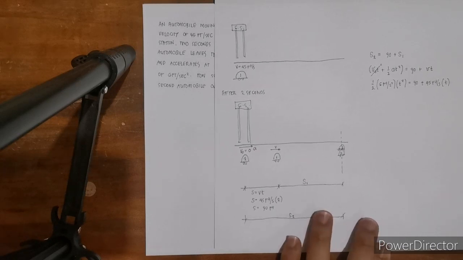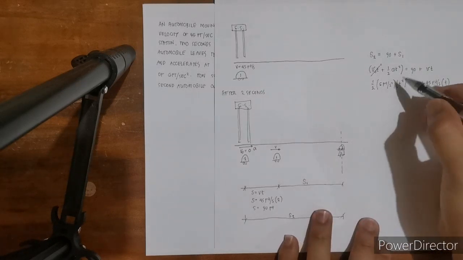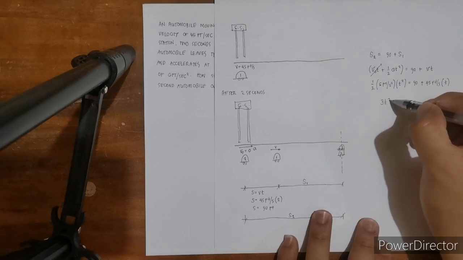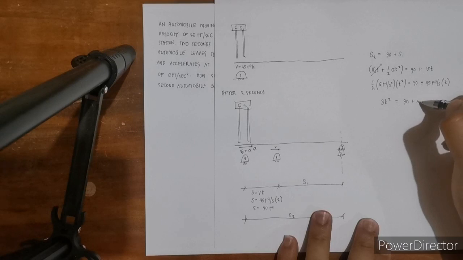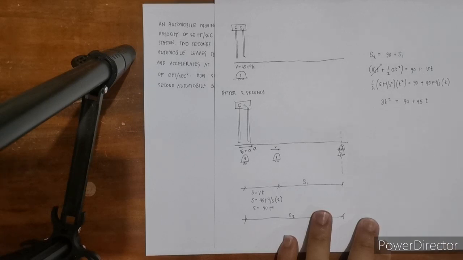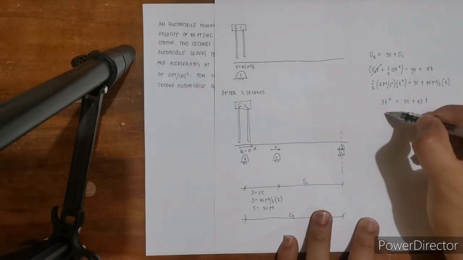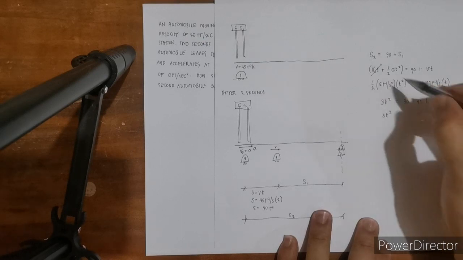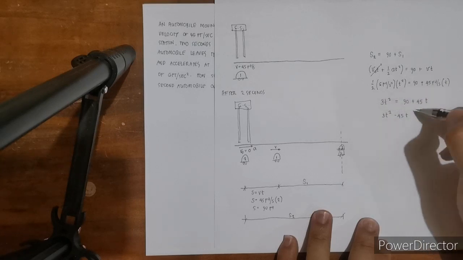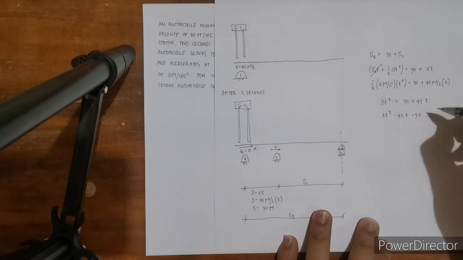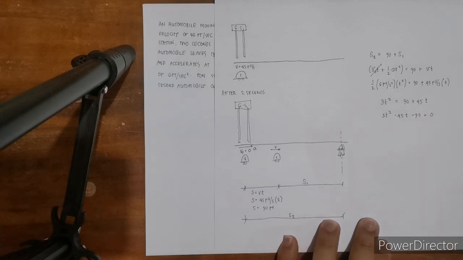So simplifying, this will become 3t squared equivalent to 90 plus 45t. Okay, let's simplify. That will be 3t squared. Lipat natin, minus 45t. Transpose natin yung constant term, negative 90, equivalent to 0.